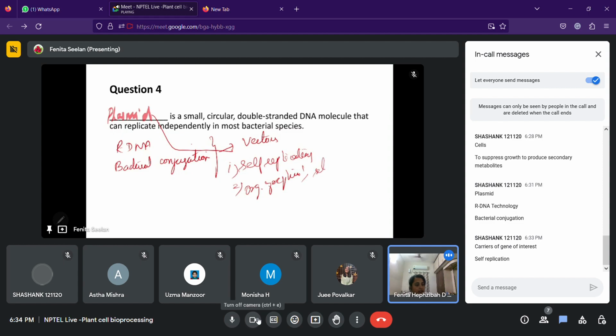It should have a selection marker. What else do you need?